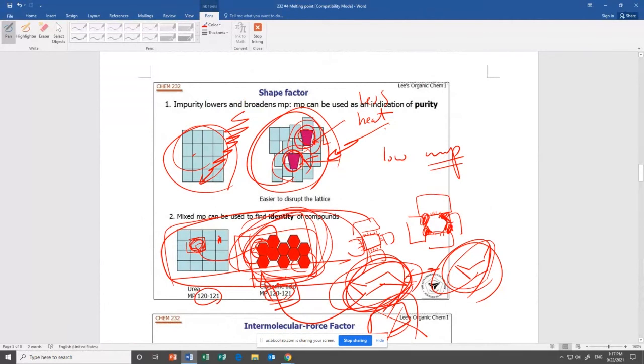Around the impurity, at the much lower motion energy, meaning at the much lower melting point temperature, it melts, not this pure area. If you imagine a big array of these boxes, and you have these two of them, only this area will melt.